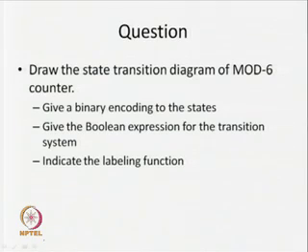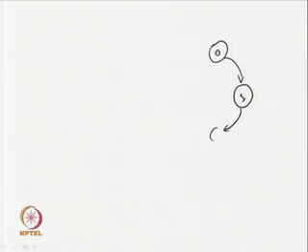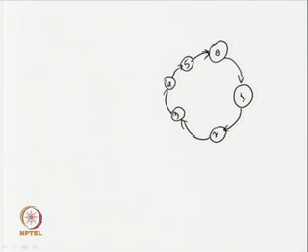A Mod-6 counter basically counts from 0 to 5, and again resets to 0. That means, if this is your 0, then I am going to have 1, then 2, then 3, 4, and 5, and then again it goes back to 0.